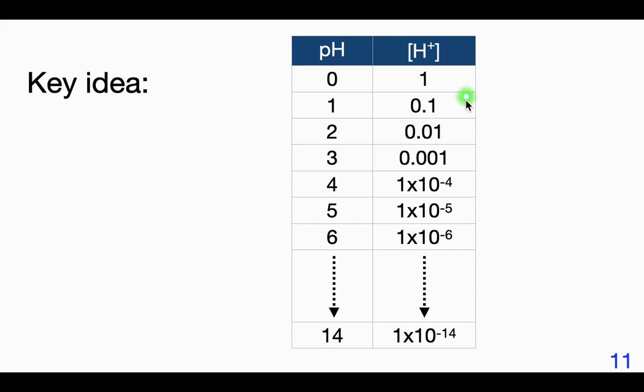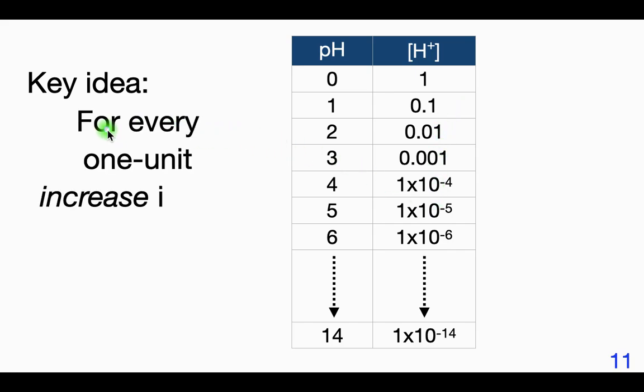So 1 divided by 10 is 0.1, divided by 10 is 0.01, divided by 10 is 0.001, etc. So as the pH increases, every whole number increase, we have what we call a 10-fold decrease in the hydrogen ion concentration. So that's the key idea here.